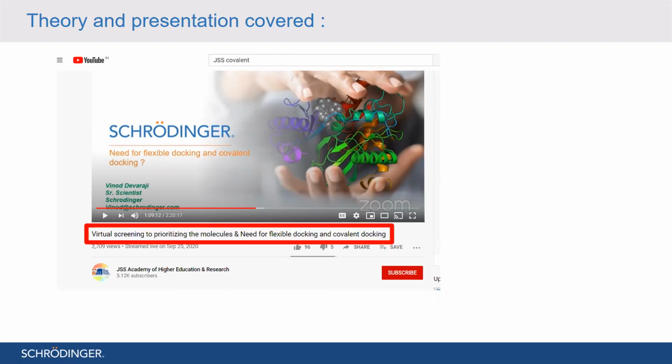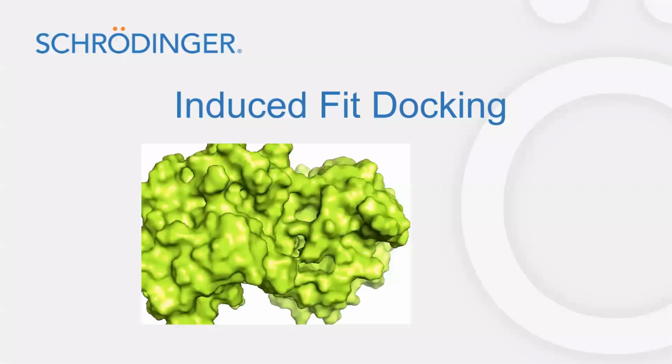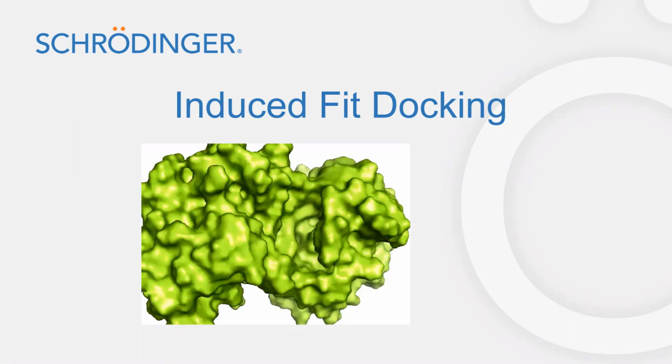To get started, we have induced fit docking. I clearly mentioned in my previous session that induced fit docking is nothing but inducing flexibility in the binding site. And why do you need to do this?